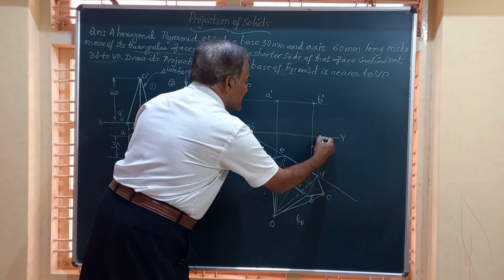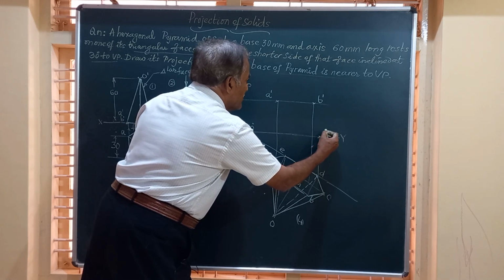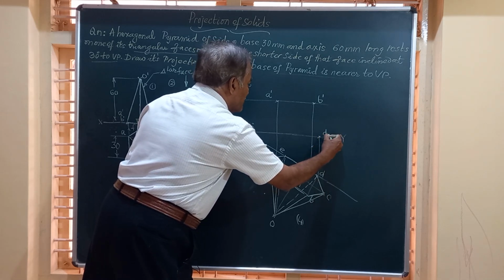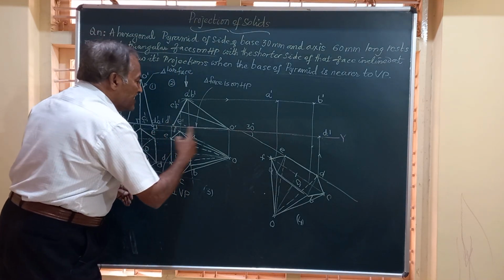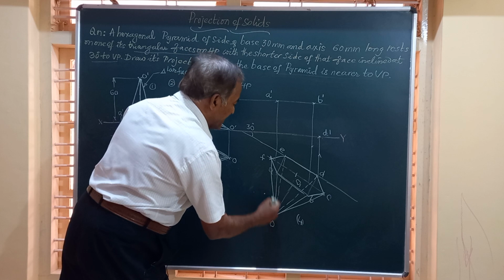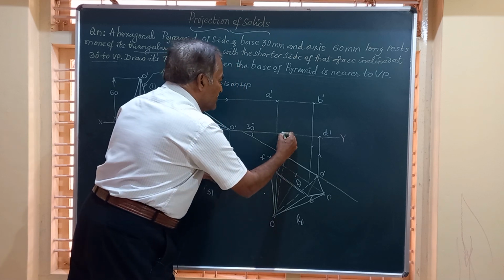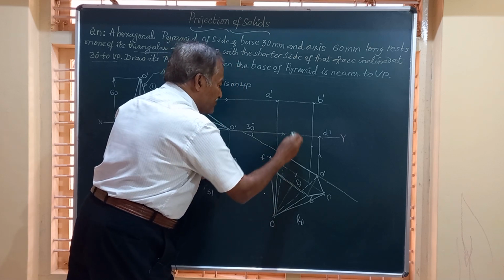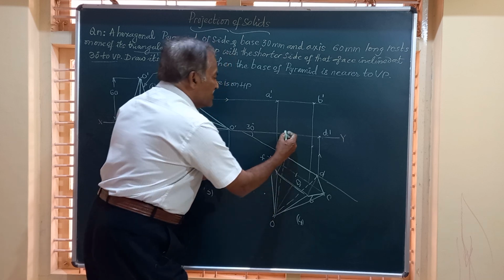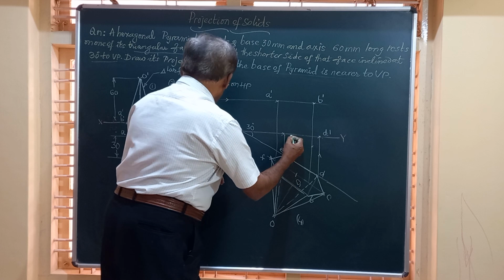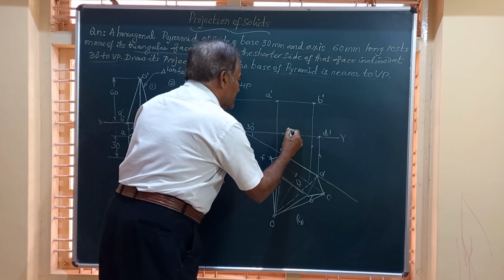The point of intersection will give you D dash. Similarly, E is on XY. So horizontal line from E dash, vertical line from E dash, you will get this point here. So this point is going to be E, that is E dash.